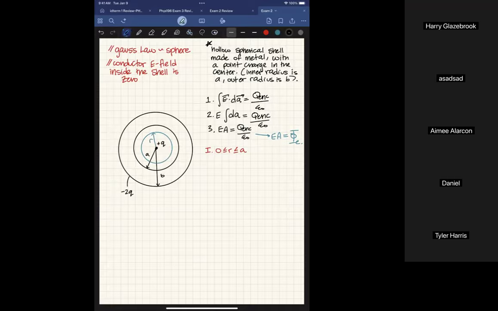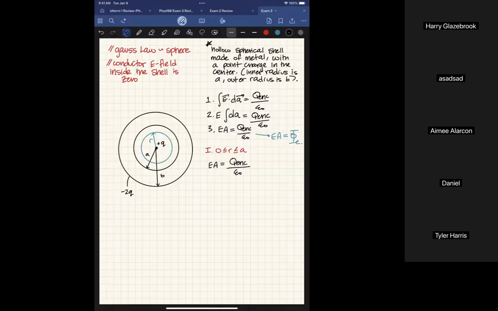So step number 1, I'm going to write Gauss's law. It's the electric field, which is what we're trying to find, times the area of my Gaussian sphere, because I'm looking at the flux through the imaginary sphere that I drew. That equals the charge enclosed by my Gaussian sphere divided by epsilon naught.